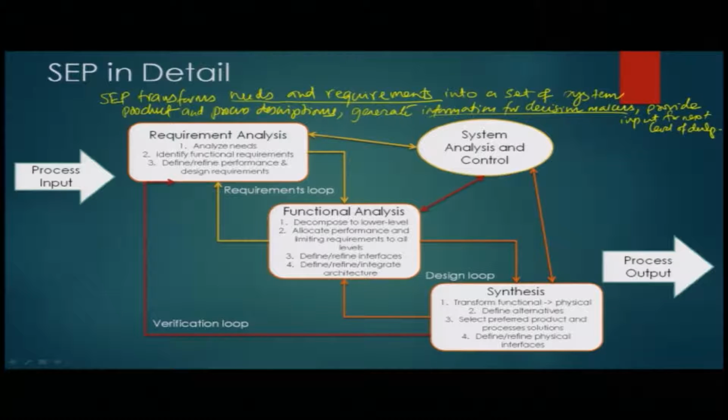So, in the requirement analysis, you can see that it analyzes the needs of the user, identify the functional requirements, and define and refine performance and design requirements. So, the needs and requirements need to be translated into something called performance and design requirements.